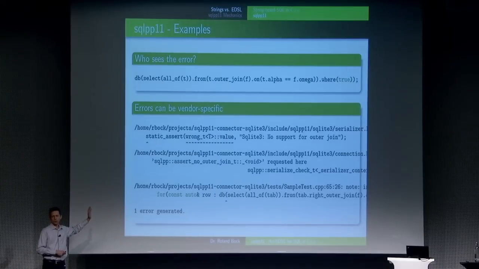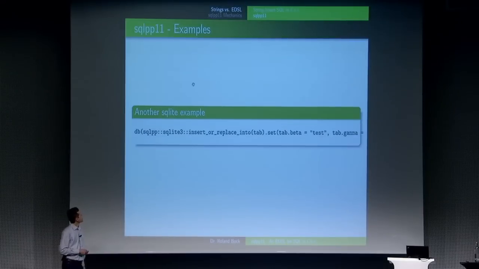You don't have to wait until runtime. It will tell you at compile time that this is not going to work because Sqlite doesn't support outer join or right outer join. Anyway, both. And again, this is the whole error message. Okay. So errors can be vendor specific.